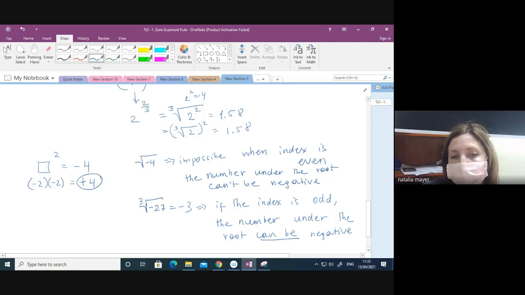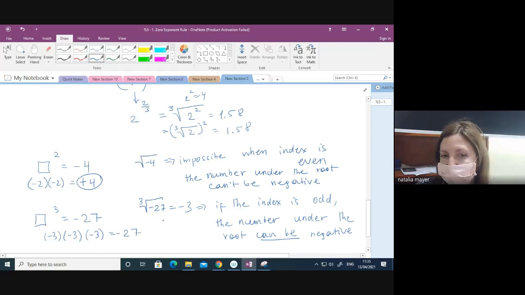But if you remember, if you multiply an odd amount of negative numbers, you will get a negative result. So something to the power of 3 can be -27. It's -3 times -3 times -3 is -27. So that's why it makes perfect sense with odd and even.